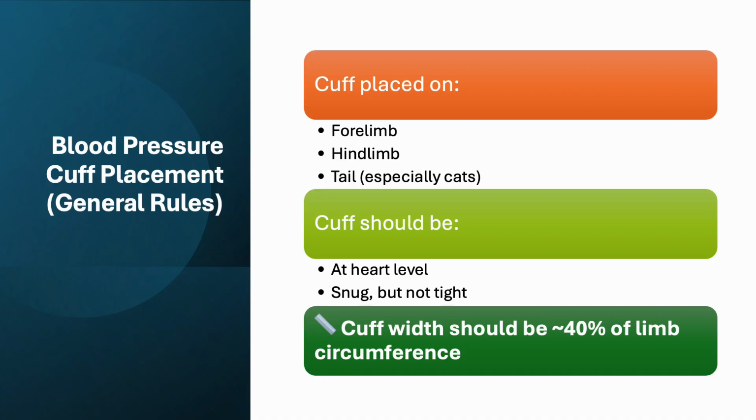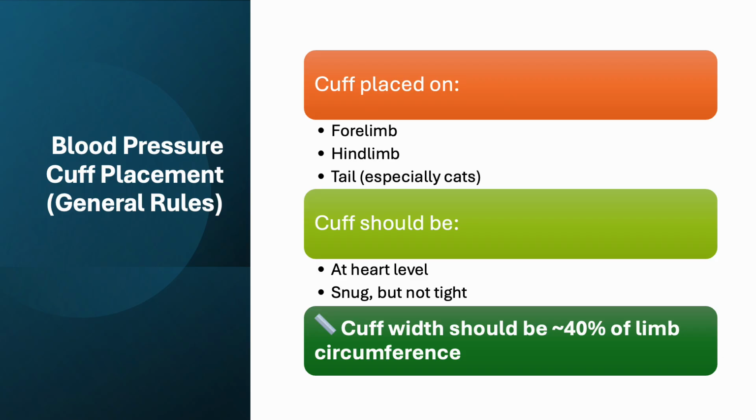When placing a blood pressure cuff, the cuff should be placed on the forelimb or the hind limb, typically above the first major joints, so above the carpus or above the hock, and can also be placed on the tail, especially in cats.